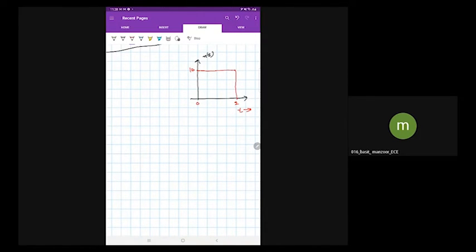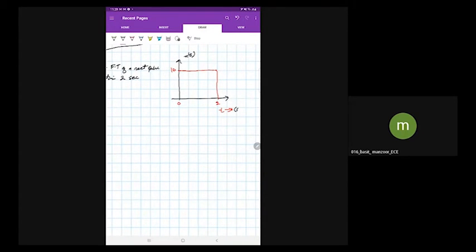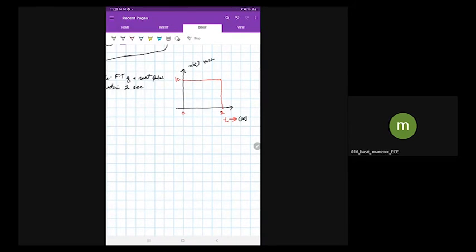So the question could be: find the Fourier transform of x of t, or find the Fourier transform of a rectangular pulse of duration 2 seconds. Time is in seconds, and amplitude may be in volts.